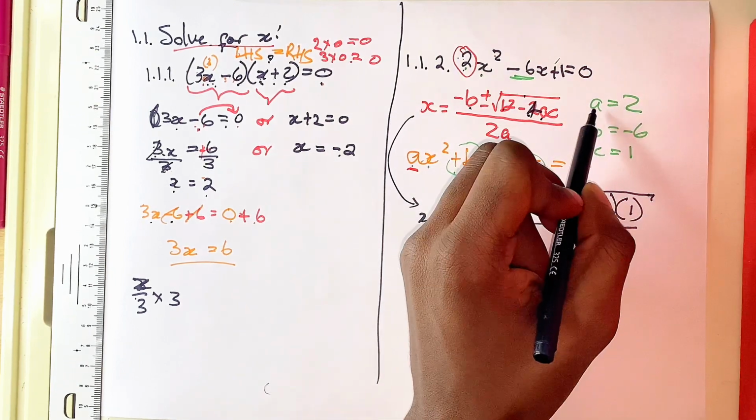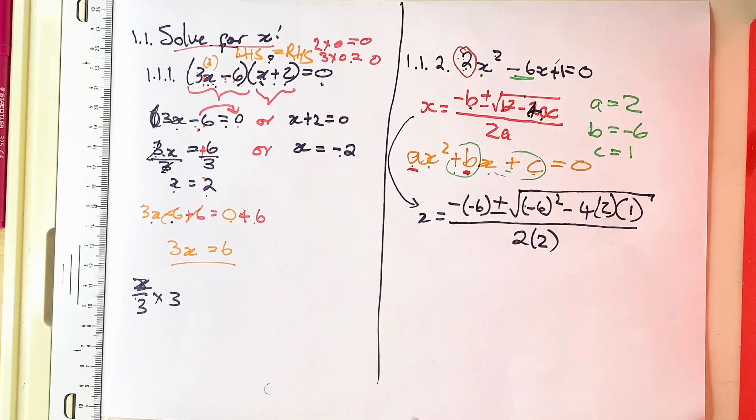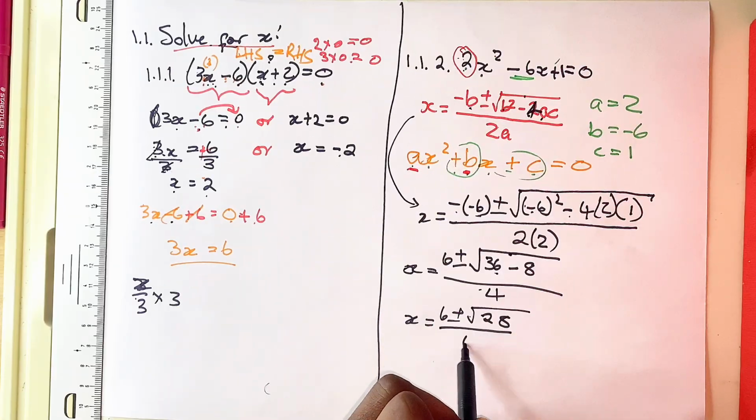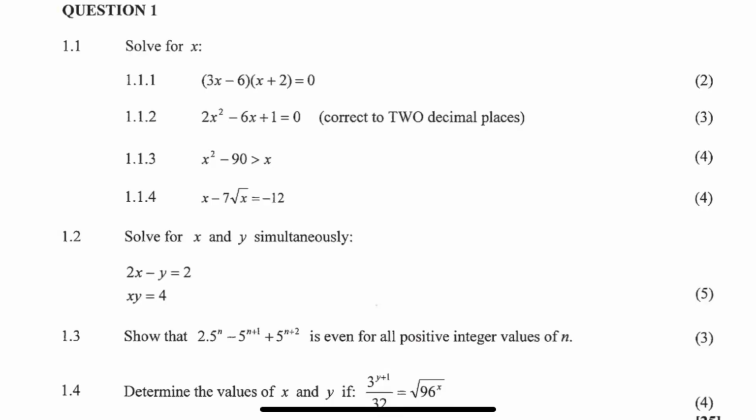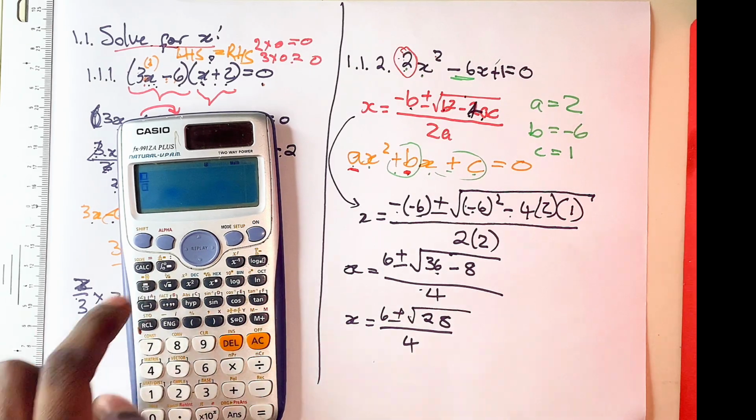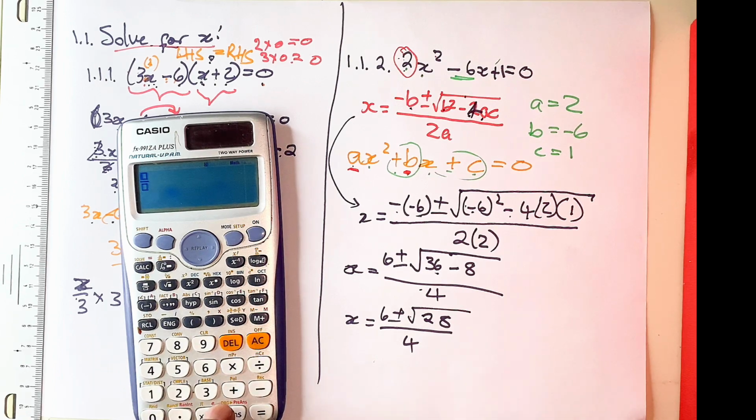And we find out that our a is 2, so 2a is 4. As you can see that the question paper says correct to 2 decimal places. So we just enter our 6 plus, we cannot enter plus or minus.